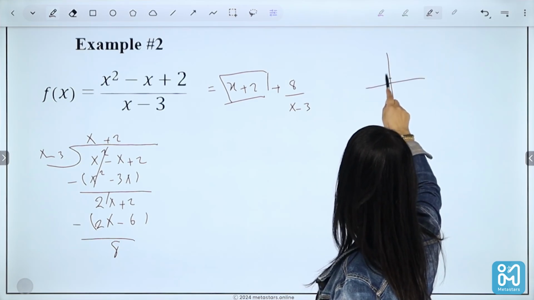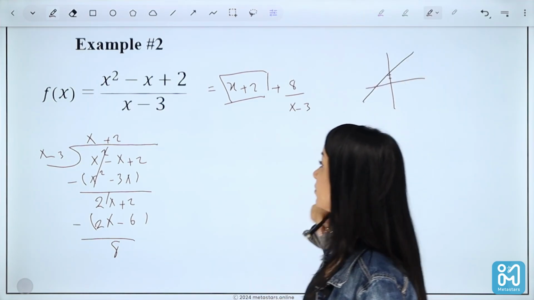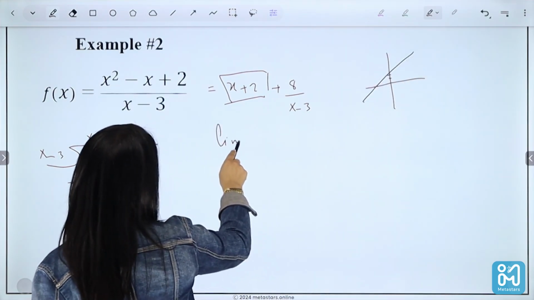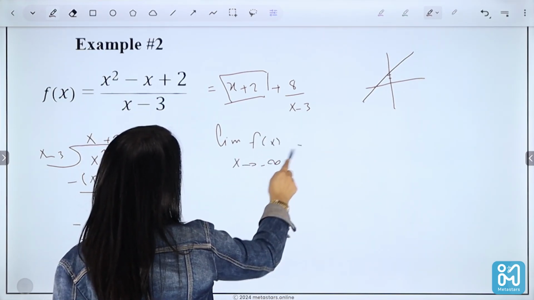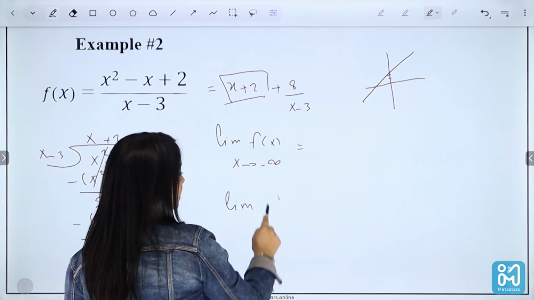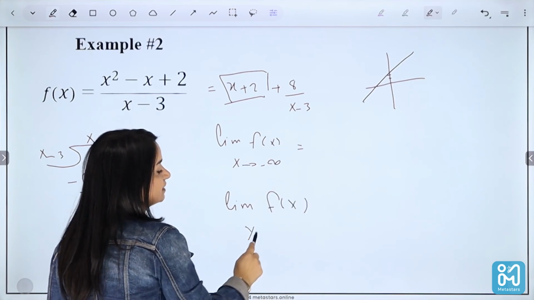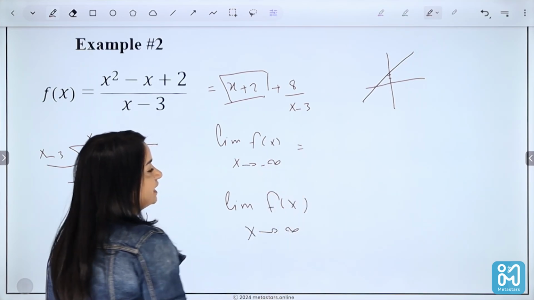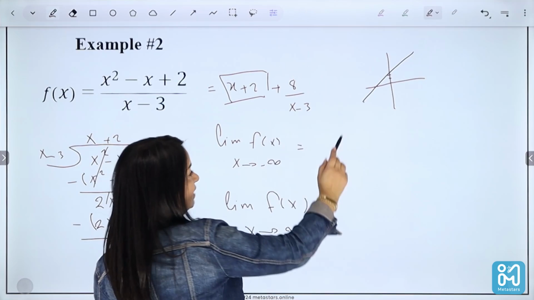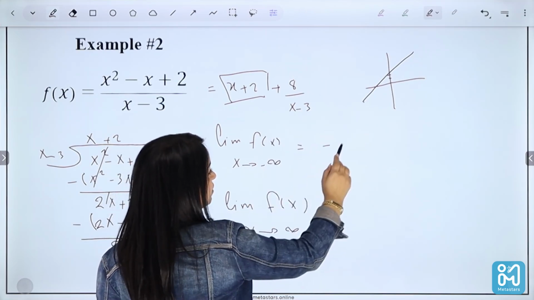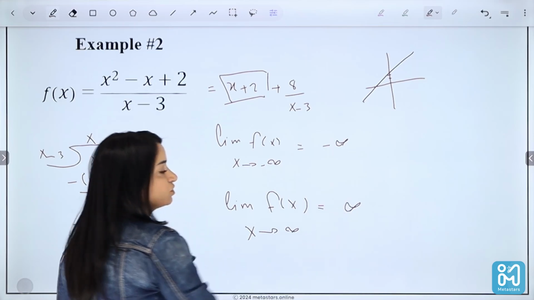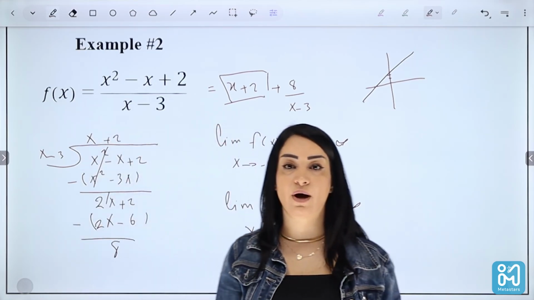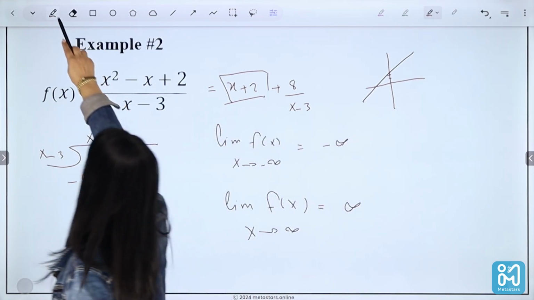So we can say that the limit of f(x) as x goes to negative infinity is going also to negative infinity, and the limit of f(x) as x goes to positive infinity is going to positive infinity.